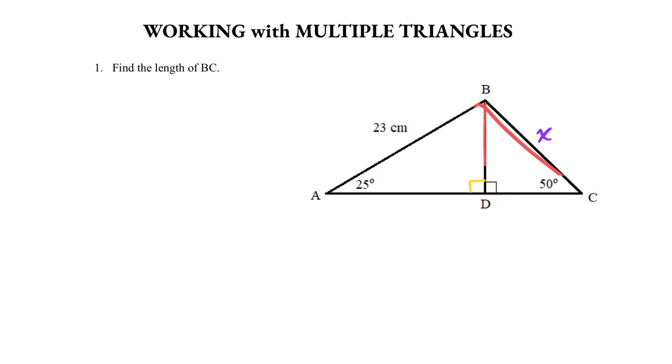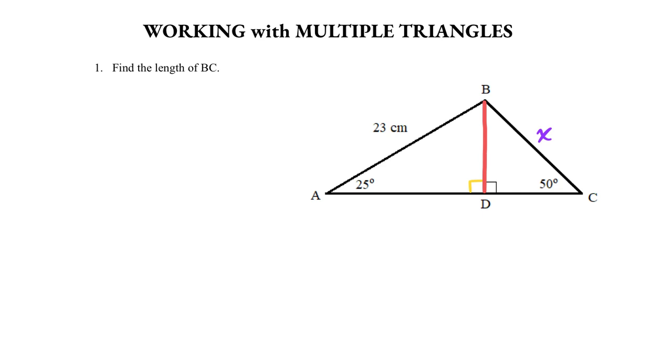So my goal becomes, can I get a side length on that triangle? And what I'm going to be focused in on is a side that's shared between those triangles. That's my strategy. So what I want to do is find the side length of BD first. Then I can use that to find X. Okay, there's my strategy. Let's go ahead and use it.